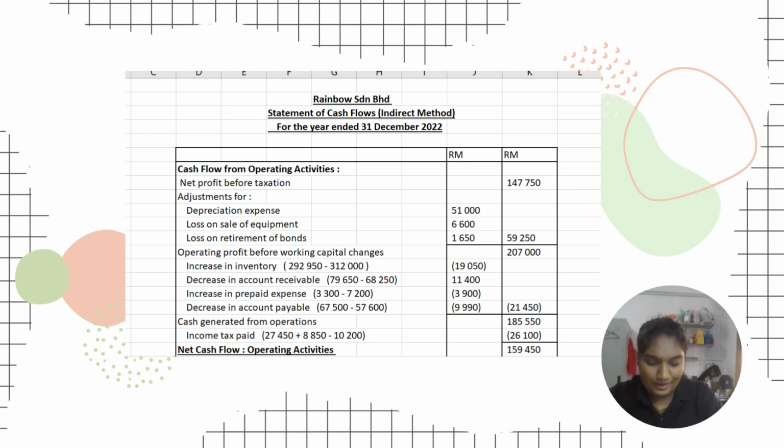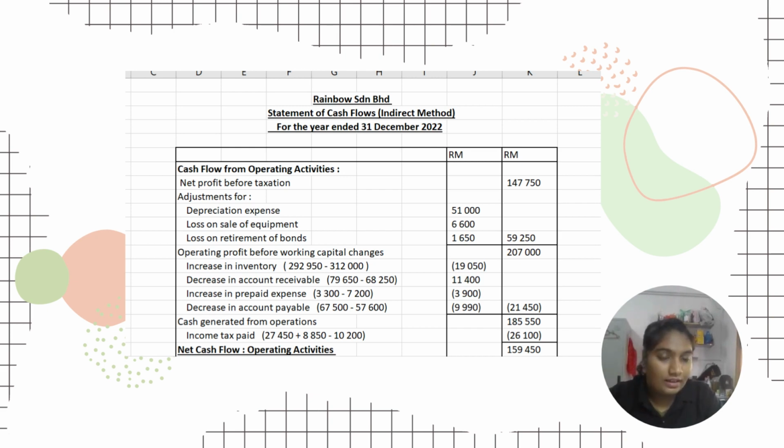27,450, and will be plus with the changes in income tax payable from the current liability section in comparative statement of financial position, where that is shown that 27,450 will be plus with the 8,850 minus 10,200, which is the changes in income tax payable.